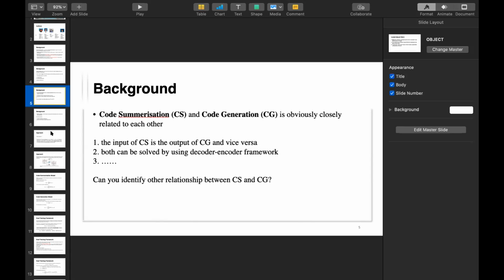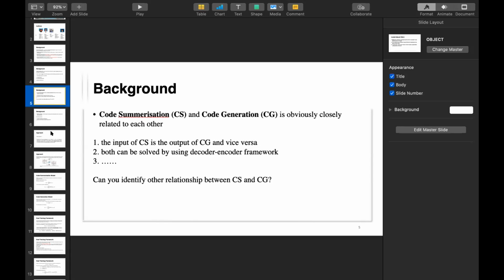Give me a time. So both tasks encode semantics, right? Yes, that's correct.